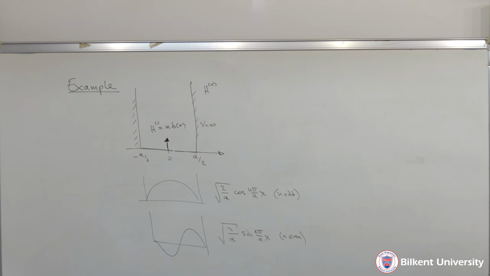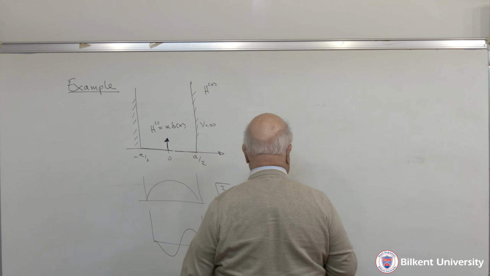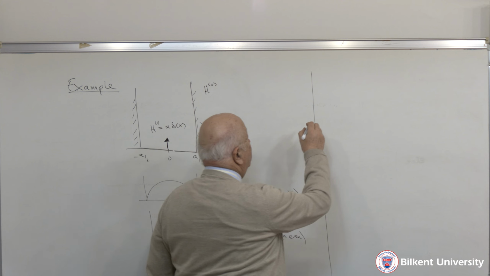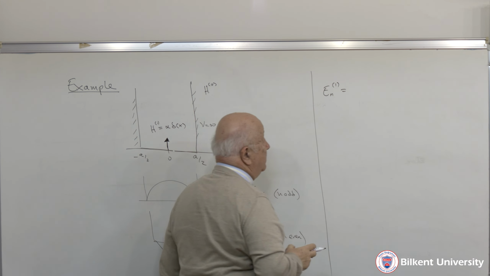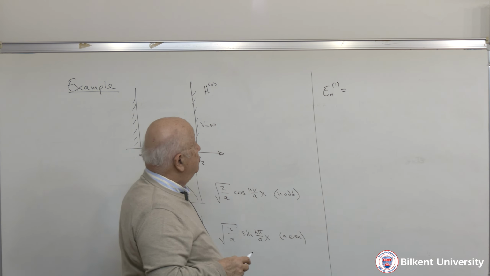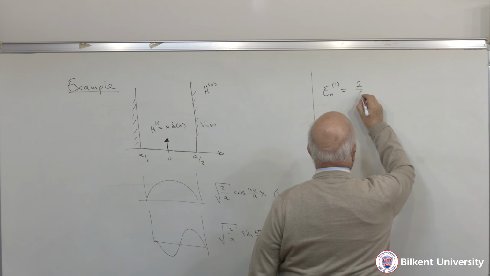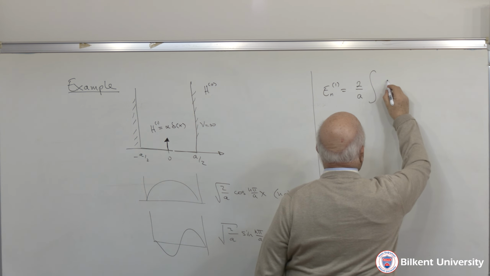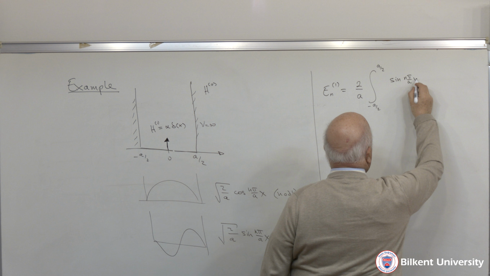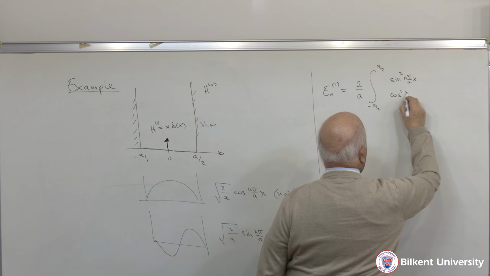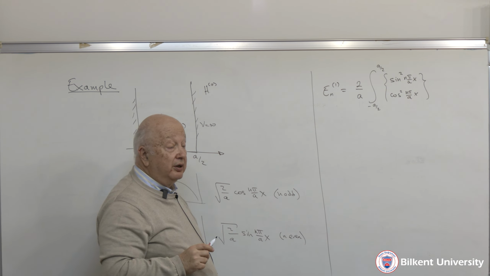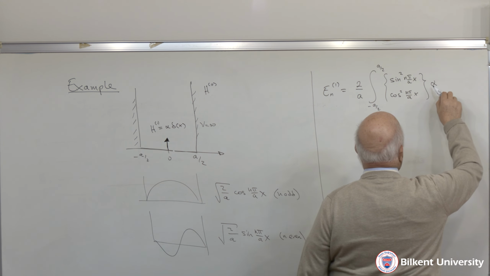Let's start by looking at E_n^1. It is going to be the matrix element of either a cosine squared function or a sine squared function, depending on whether n is odd or even: sine squared of n pi over a x or cosine squared of n pi over a x, with H1, which is delta of x, in between.